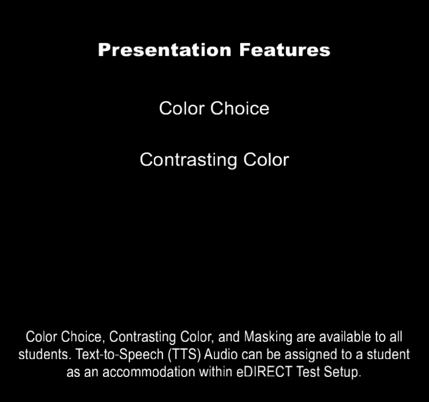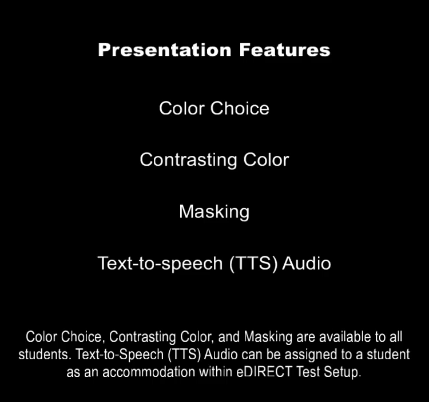There are presentation features available during the Missouri grade level assessments. Color choice, contrasting color, and masking are available to all students. Text-to-speech, TTS audio, can be assigned to a student as an accommodation within eDirect Test Setup.